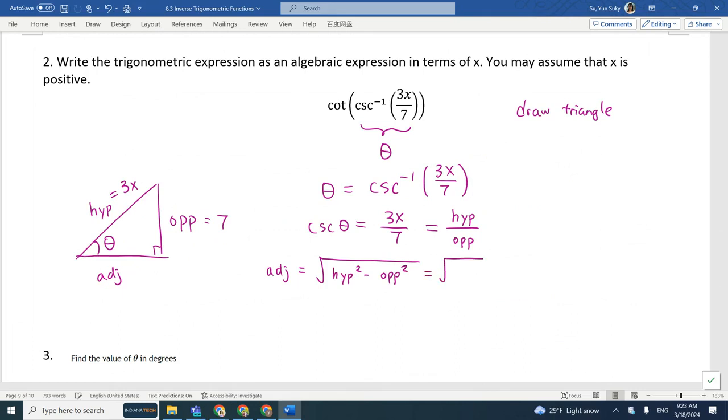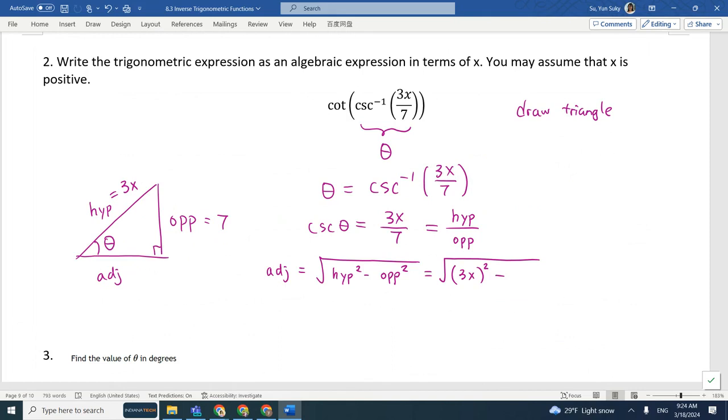Yes, very good. And the hypotenuse is 3x, so 3x squared. Be careful, don't forget the parentheses. Parentheses are like your baby. Don't forget the parentheses.